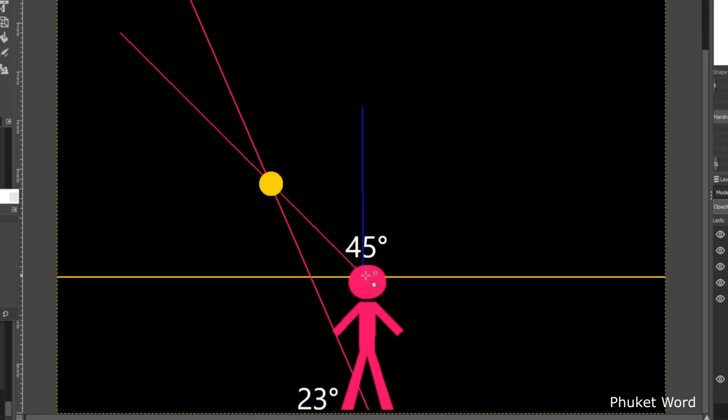But no, there's a difference between what the observer sees and what would be seen from the ground in this orthographic view. So when we factor in another 23 degrees, the sun will eventually reach the eye level or horizon of the observer.